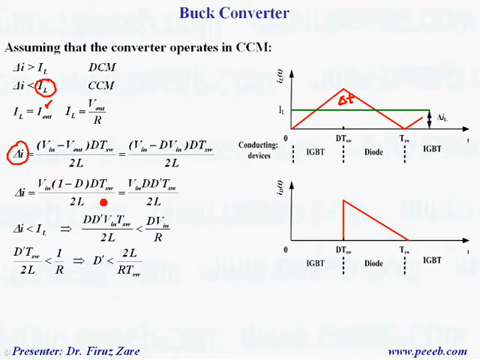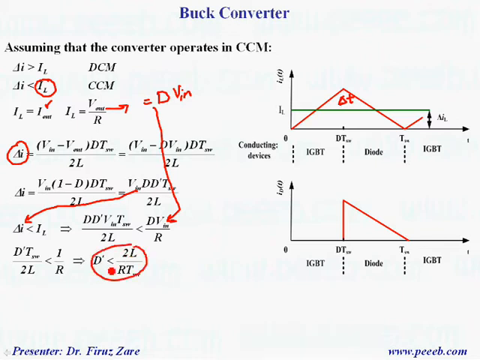We found delta I, which is this term, and we found IL, which is this term. But because V out equals duty cycle times V in, we can put it here, and finally this is the condition. If D prime is less than this term, the system operates in continuous conduction mode.